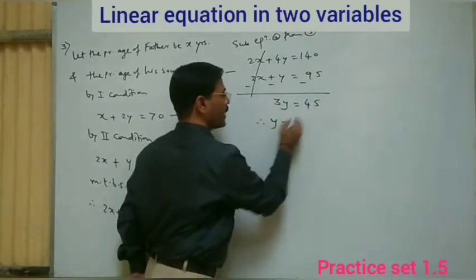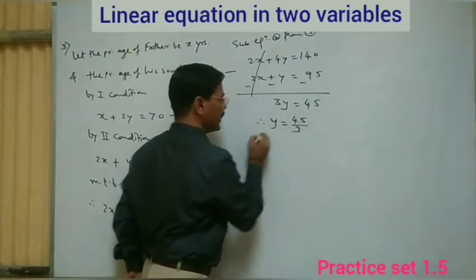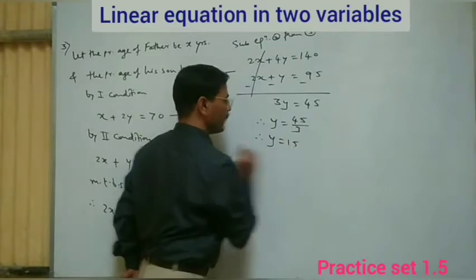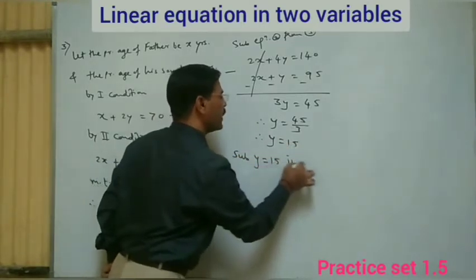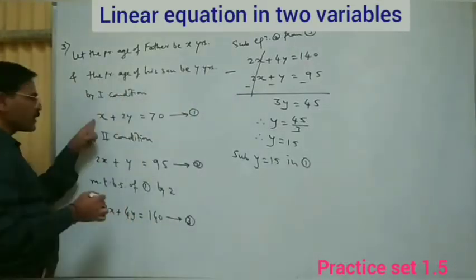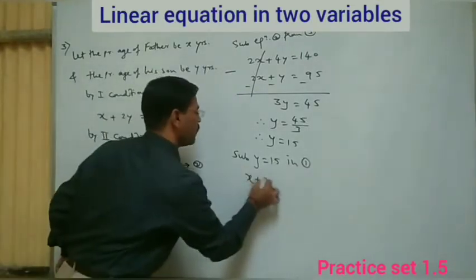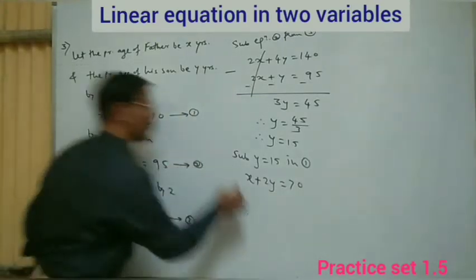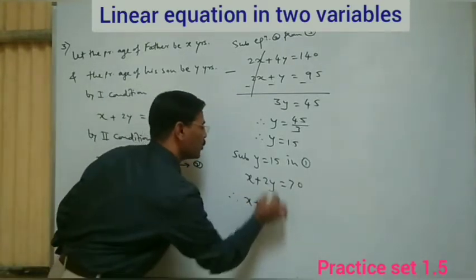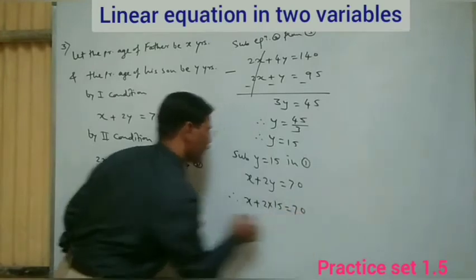Okay, so now y is equal to 45 by 3, so y equals 15. Now substitute y equal to 15 in 1. So what is 1? x plus 2y equal to 70. Now put here 2 into 15.